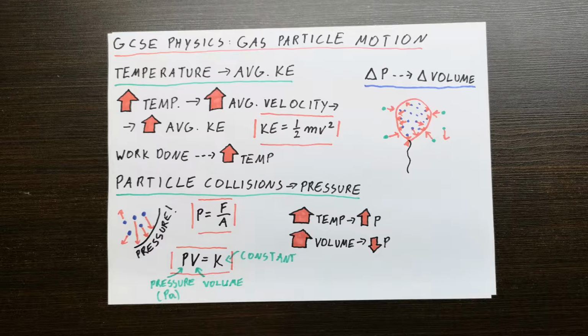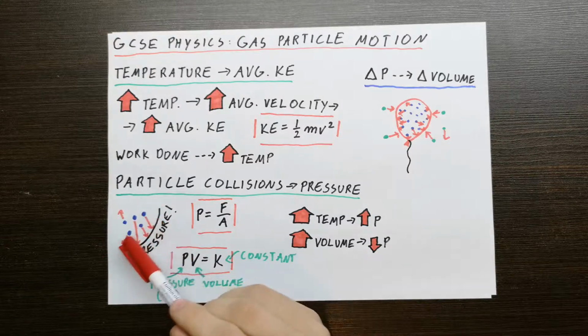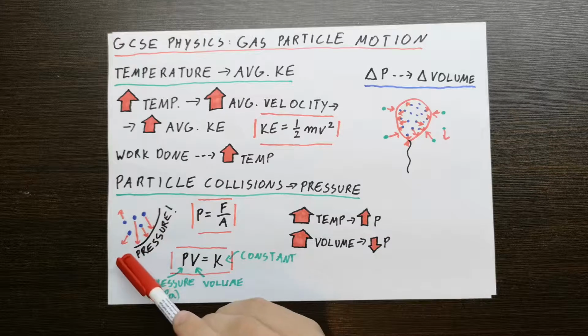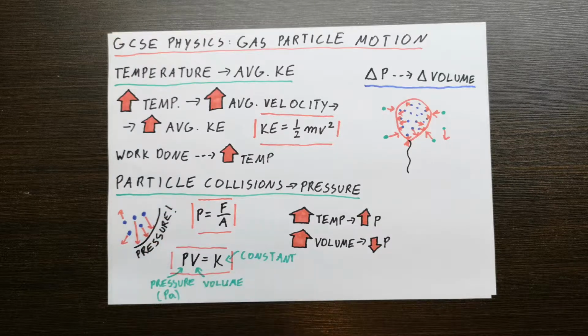Now, what about pressure? Let's first have a look at what pressure actually is. Particle collisions lead to pressure. Here we have some particles in blue, and in black we have the side of a container.